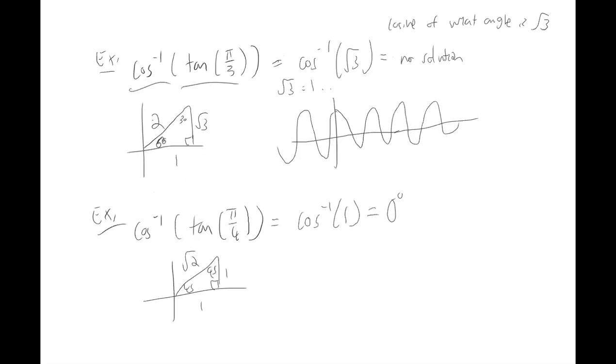Everyone good on this? Okay, cool. It looks scary at first, like what on earth, cosine of tan? But just work from the inside out and you should be fine. It's the same exact process.